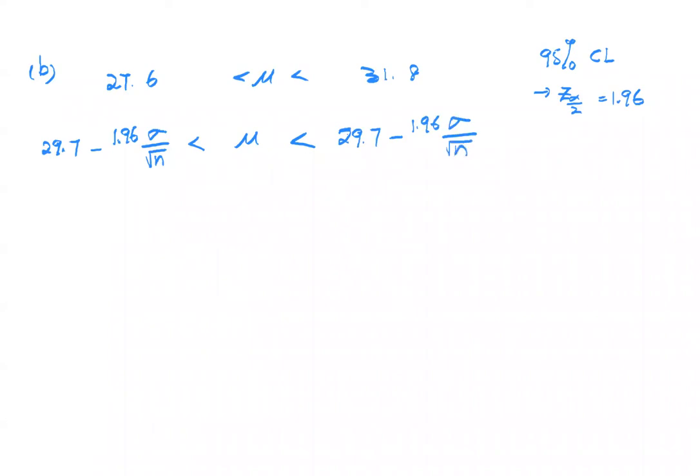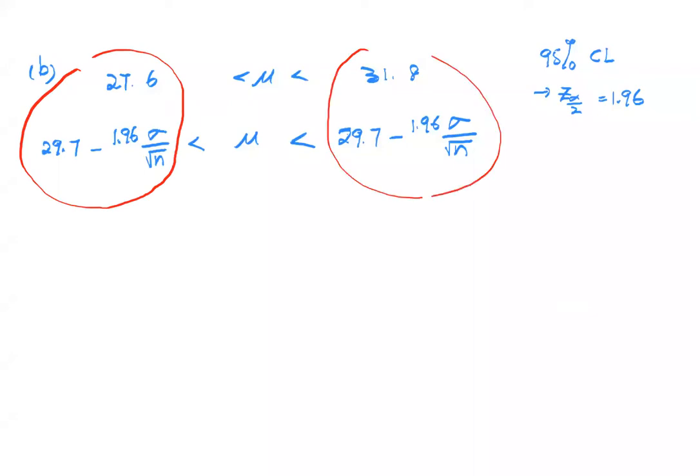So now, based on this, do you think you can get the value of standard deviation divided by square root of n? Try to use this or this.